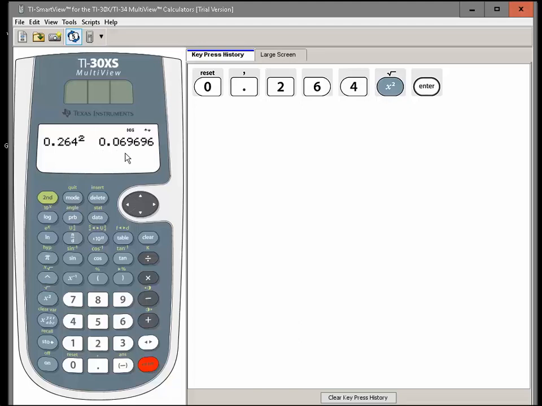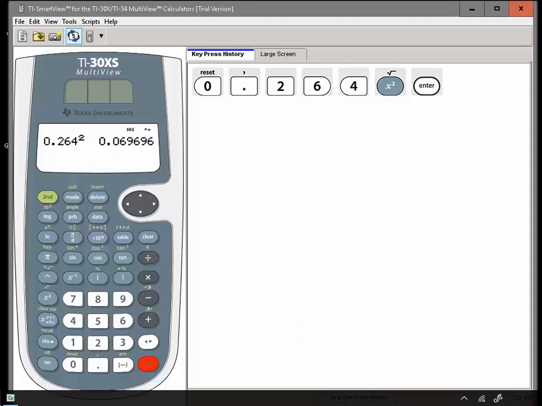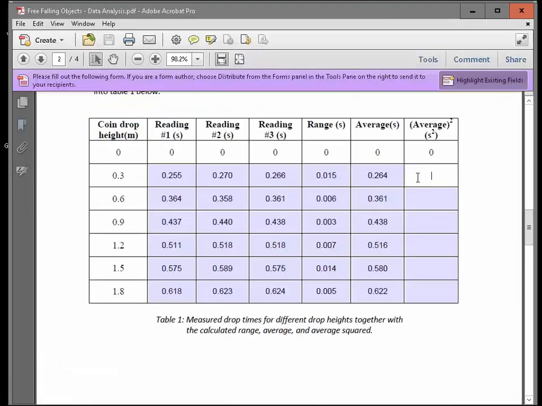And there's my result, 0.0696. Rounded to 3 significant digits, the answer is 0.0697. So I'll go back to my data sheet and I'll type that number in, 0.0697. I will use the same technique to calculate the rest of the squares.